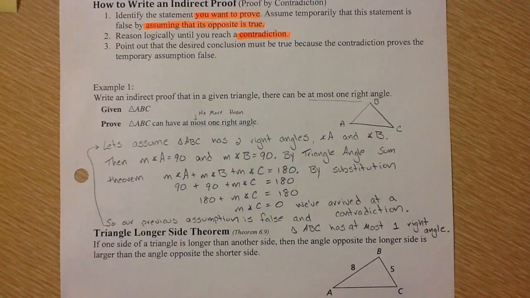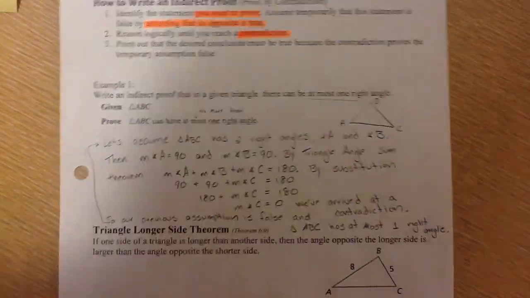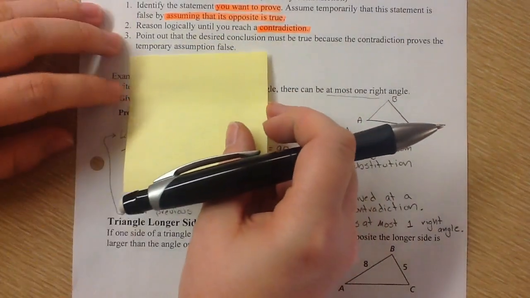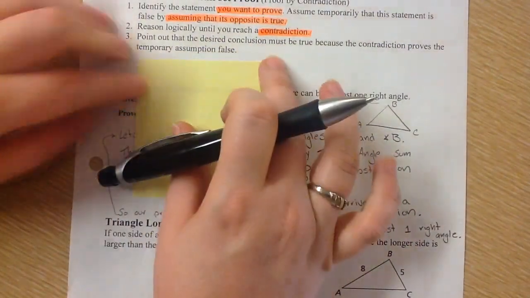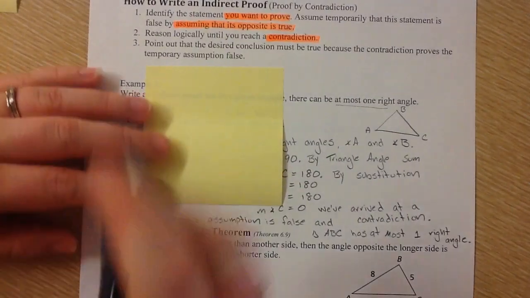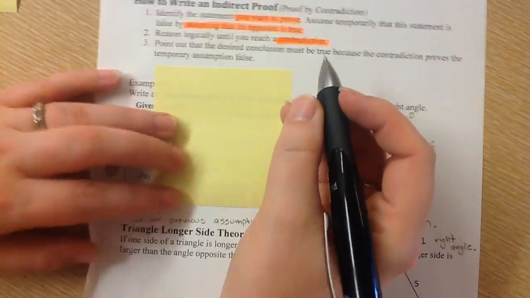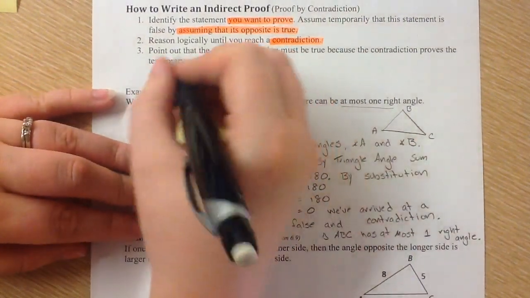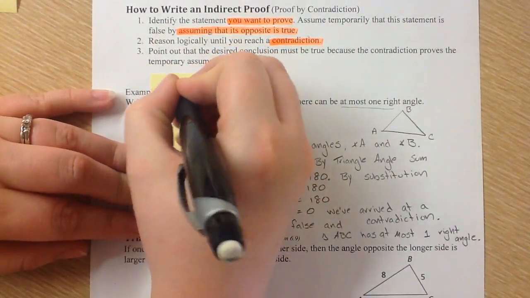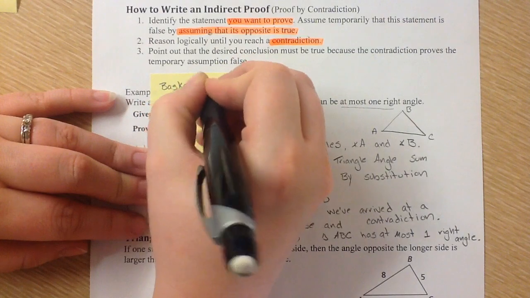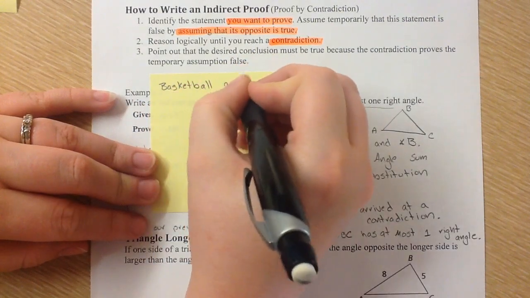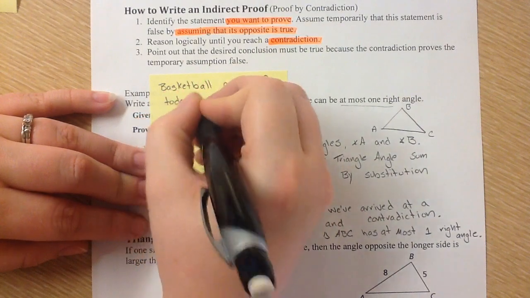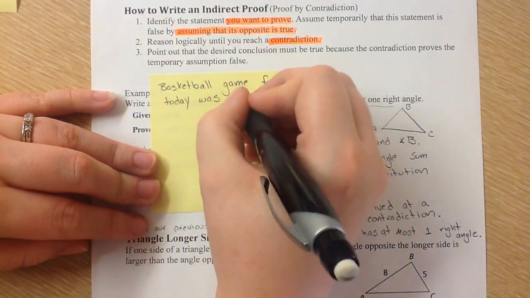Okay. Another example of an indirect proof. Okay, so another real life example of an indirect proof. Okay, so let's try to prove that the basketball game for today was canceled. Okay, that's what we're trying to prove.